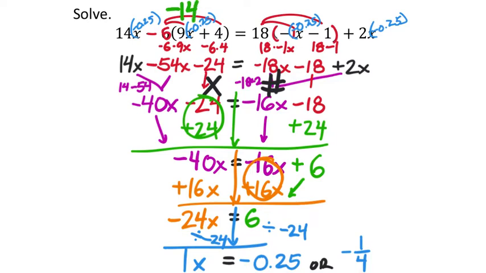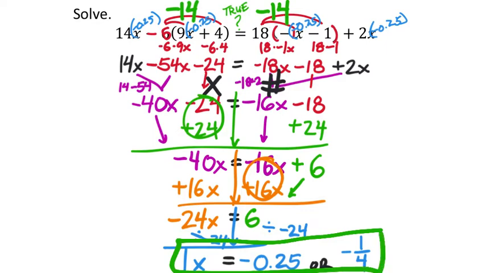So I got 18 parentheses, negative, and then I type in the parentheses, negative 0.25, minus 1, close parentheses, plus 2 times negative 0.25. Enter, and I also get negative 14 on the right side. So just right here when we just checked, we found that it was true. So now I know for sure, and either one of these would work as the solution to this equation.